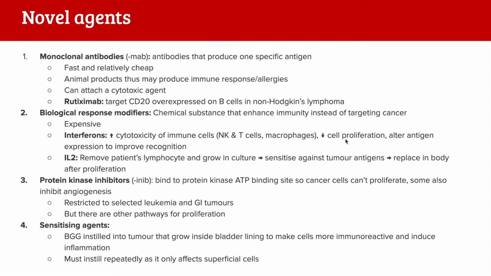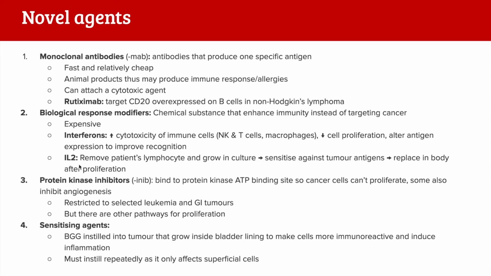And next, they can also slow down cell proliferation of the tumor cells. And lastly, they can alter the antigen expression on either our own cells or the cancer cells to improve recognition of the cancer by our immune cells. So our immune system has a better chance of fighting it.